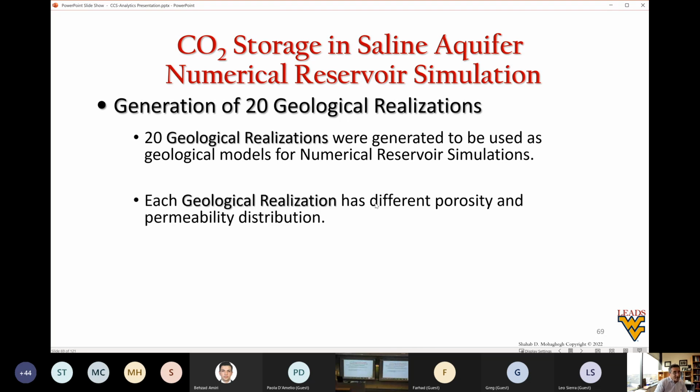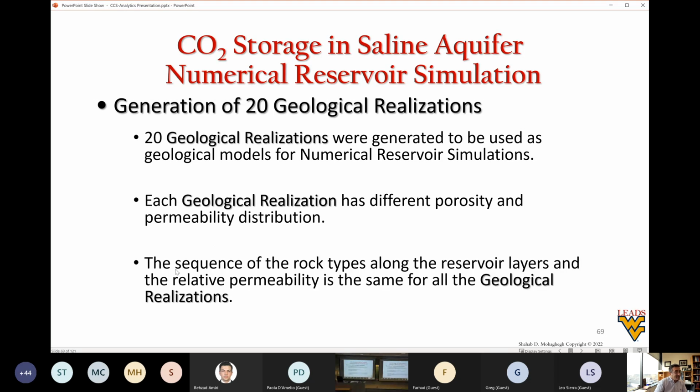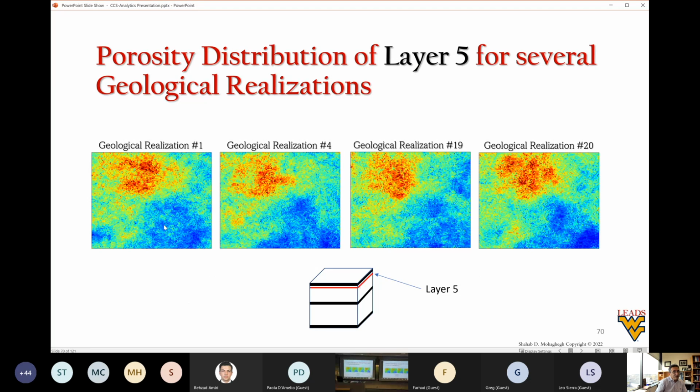Each geological realization has different porosity and permeability distribution. The sequence of the rock types along the reservoir layers and the relative permeability is the same in all the geological realizations.